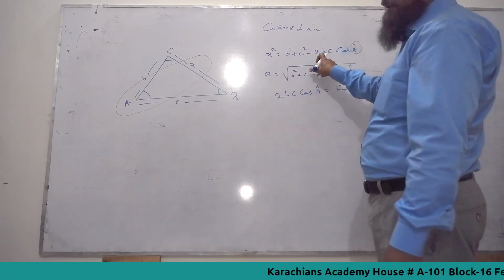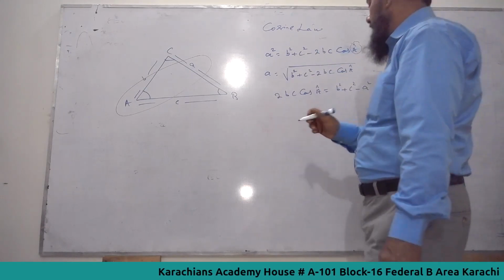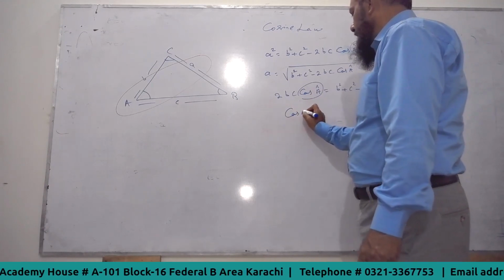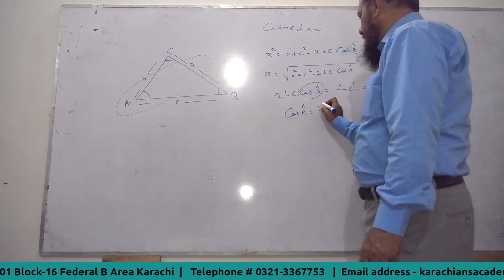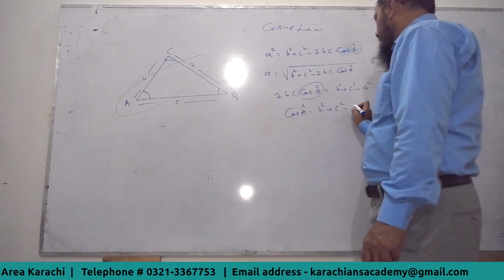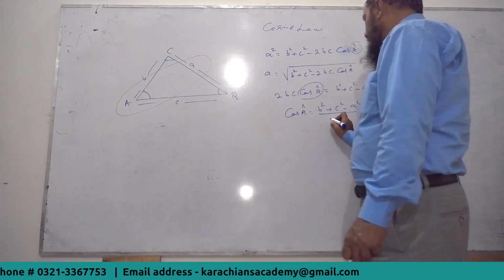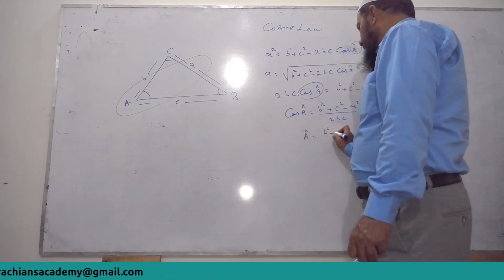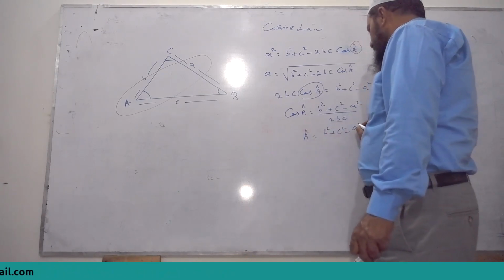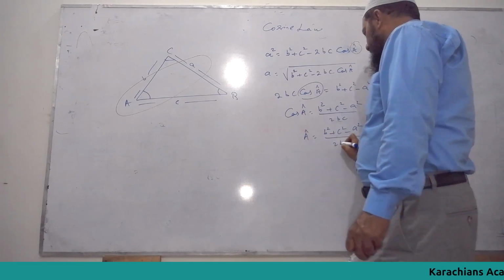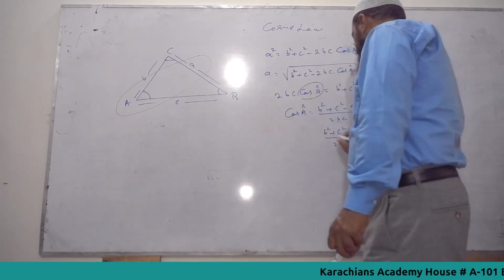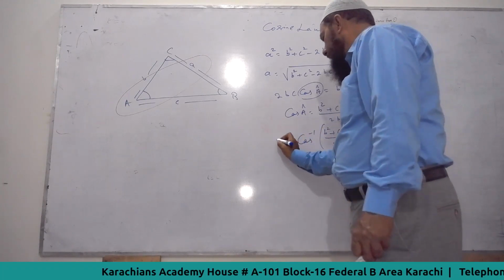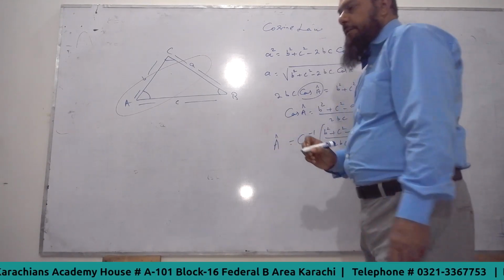So now I have to make cosine of angle A the subject. It is now b squared plus c squared minus a squared over 2bc, and finally angle A equals cosine inverse of b squared plus c squared minus a squared over 2bc. You can set all these values in the bracket, and then you put the inverse sign with the cosine, and you will make A the subject.